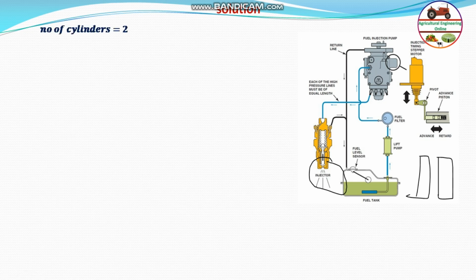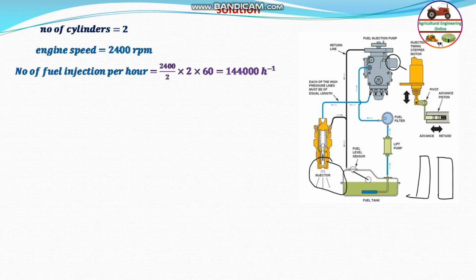Therefore the number of cylinders is 2 and the engine speed is 2400 rpm. Let us calculate how many injections there will be per hour.